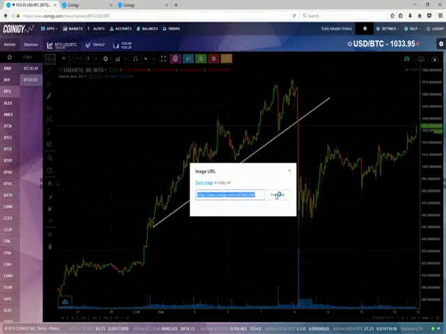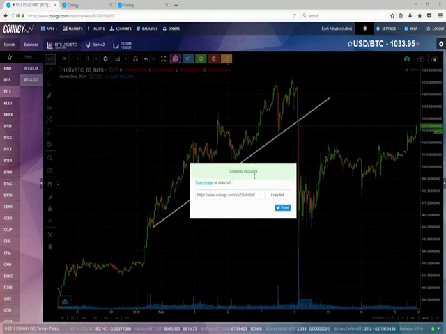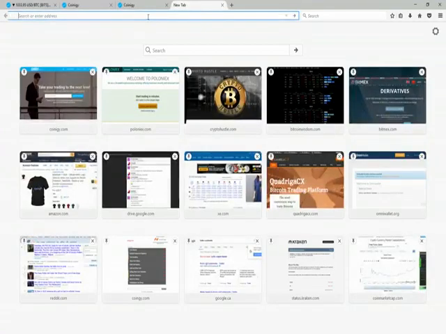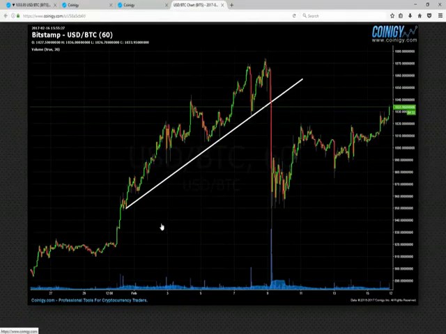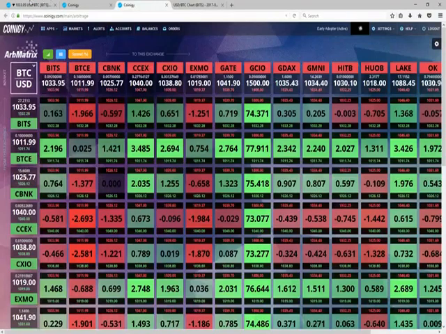So then you just copy the link, and then it'll show you copy to clipboard. You could tweet it out directly too from here. I'll just give you an example. If I paste this, it'll basically show you your charts, right? So that's a much quicker and easier way of sharing your charts with people, so you don't have to take a screenshot and crop it and all that kind of stuff.